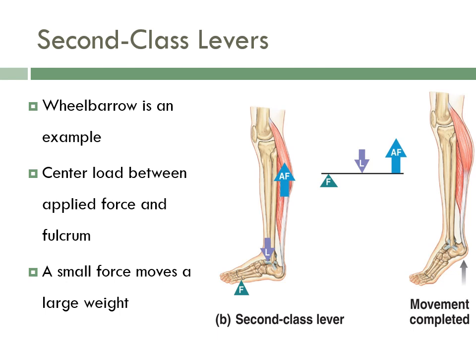Second class levers are like a wheelbarrow. You have the load in the center between the applied force and the fulcrum. The lower leg is an example here. The fulcrum is the metatarsophalangeal joints right in through here. The load is the weight of the body coming straight down onto the talus.